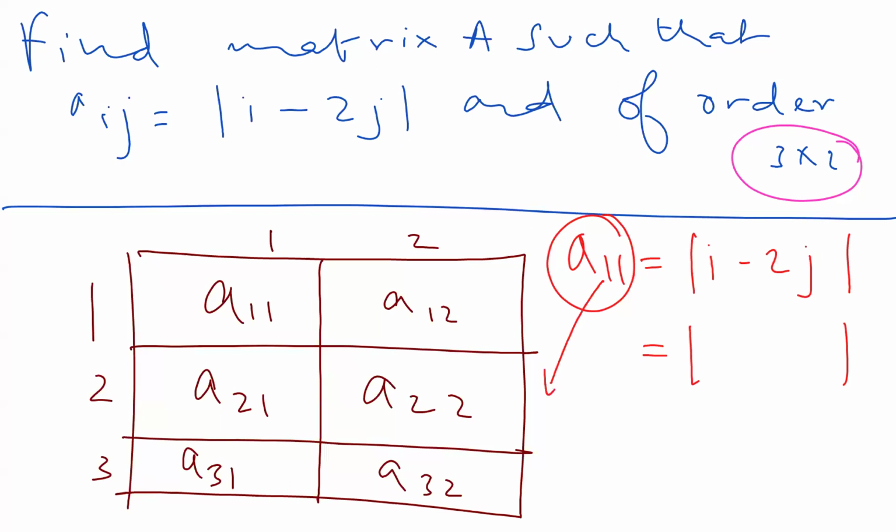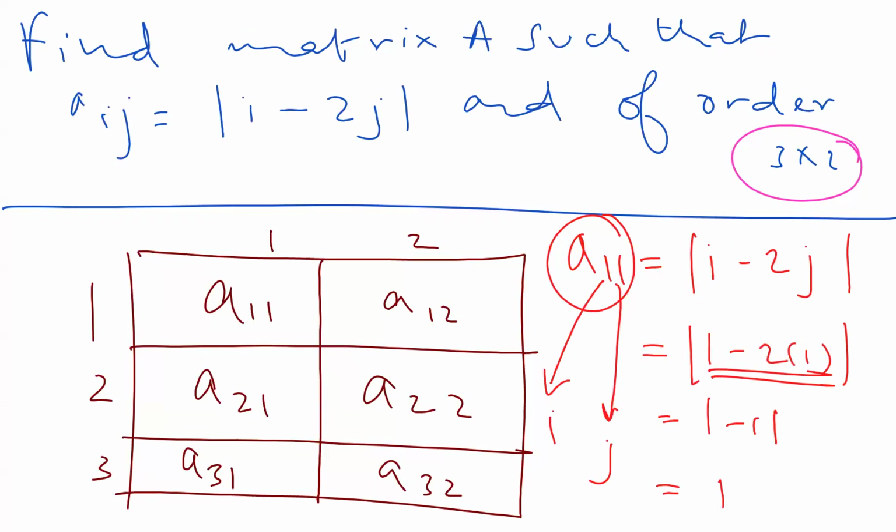So 1 minus 2 into 1. 1 minus 2 is minus 1. Modulus of minus 1 is 1. So A11 is 1.